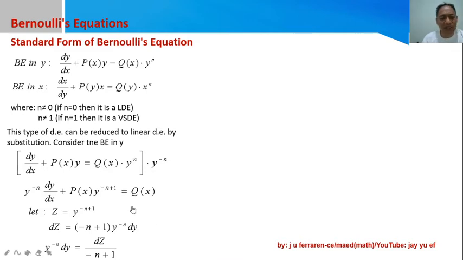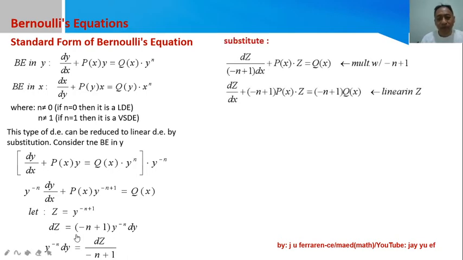So I can now substitute in this equation in terms of z. So what is my equation form by substitution? We have y to the power of minus n dy, which can now be dz over minus n plus 1, with dx in the denominator, plus P of x.